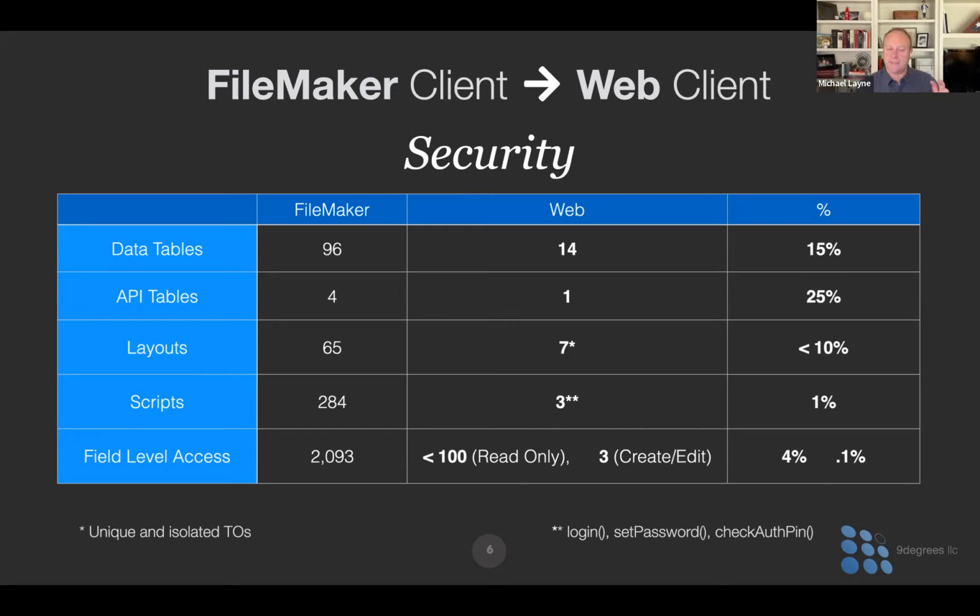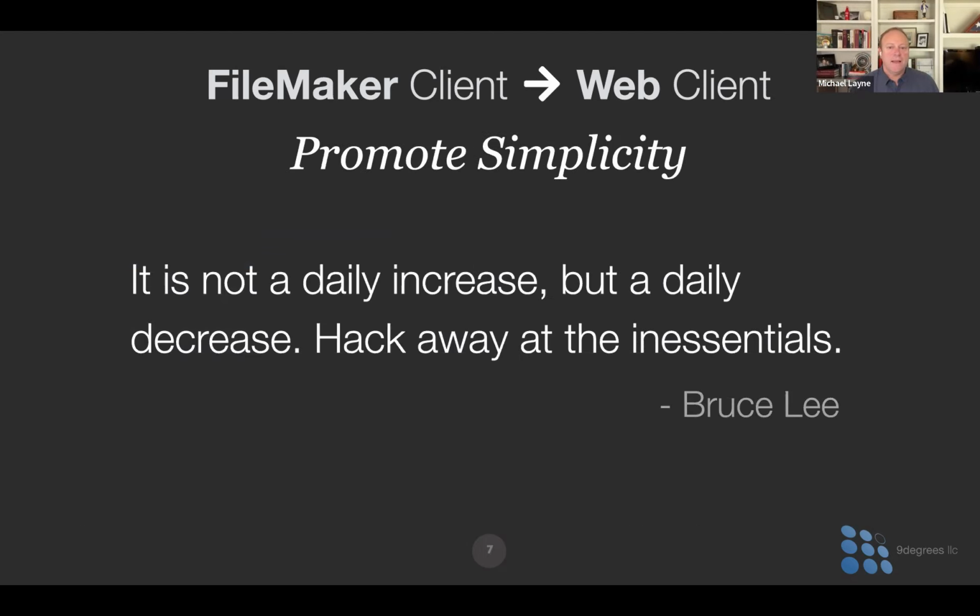So this level of access that the application has sits on top of users simply logging in so we know who they are. At the very bottom, you'll notice we've got 3 scripts, the only 3 scripts that are available to this solution. It's a login script, a set password script, and a check PIN script, which has to do with two-factor authentication. And by the way, any questions, I'm happy to take them on the fly, or you can wait, but I'm not checking chat or anything if anyone has any.